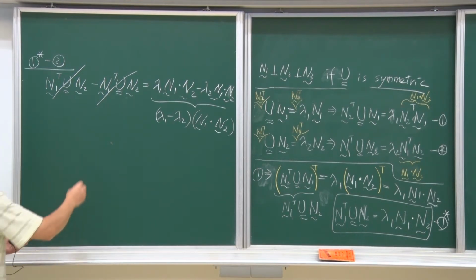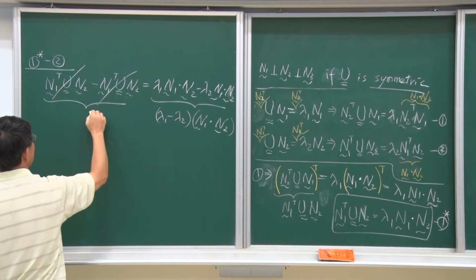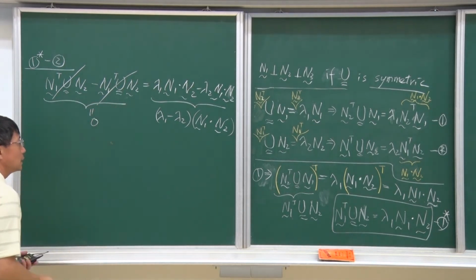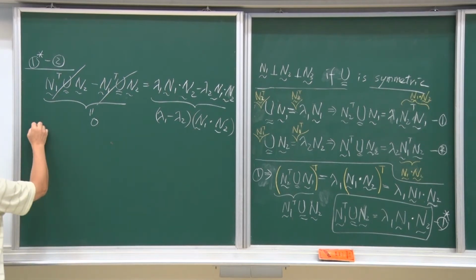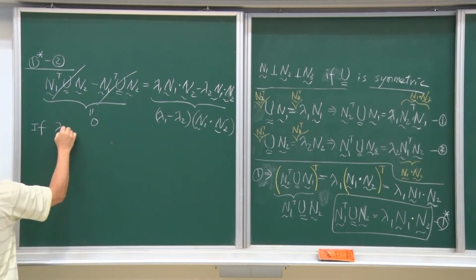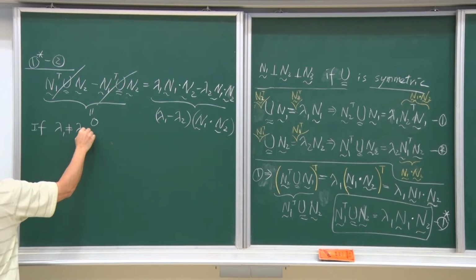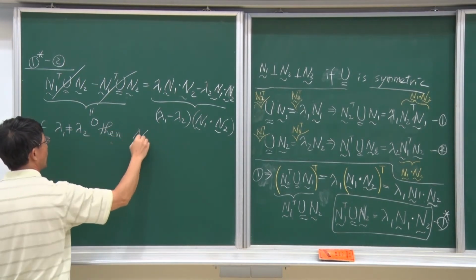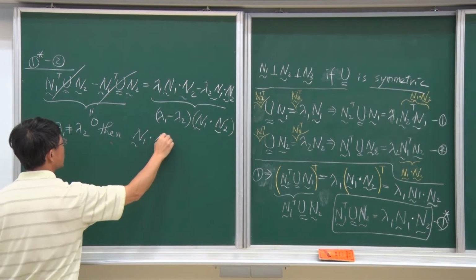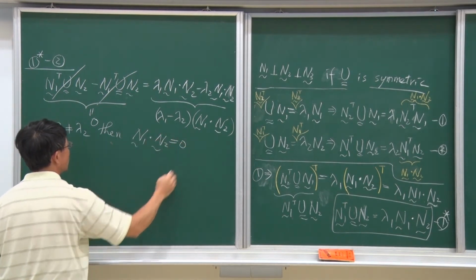So as a result, this one equals 0. Okay, if lambda 1 not equal to lambda 2, then n1 dot n2 equals 0.